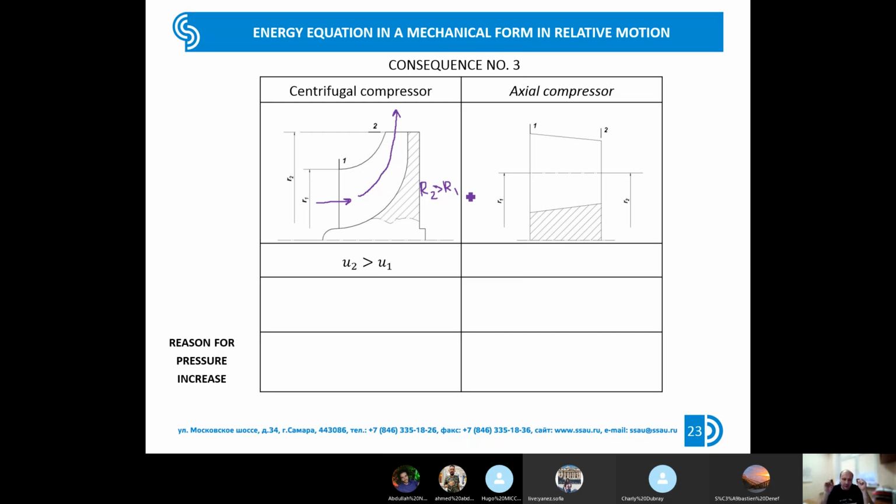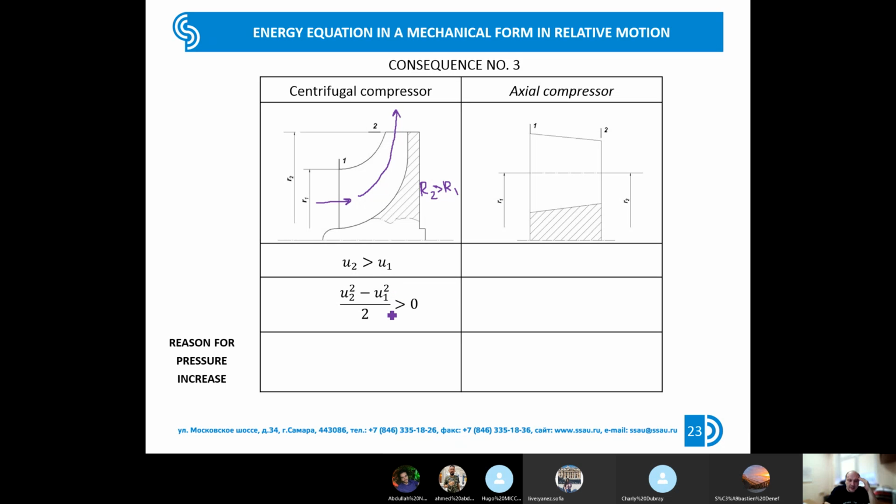In other words, the air comes inside the compressor at the lower radius and comes out from the compressor at the upper radius. What does it give us? It gives that the circumferential velocity at the outlet of the rotor will be more than the circumferential velocity at the inlet of the rotor wheel.